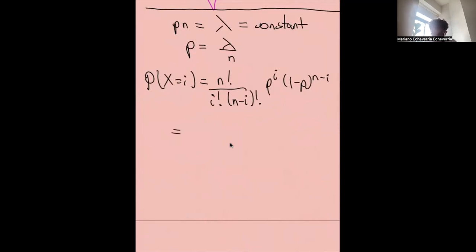So let me rewrite this in terms of N and lambda. N factorial over I factorial, N minus I factorial, that's fine.